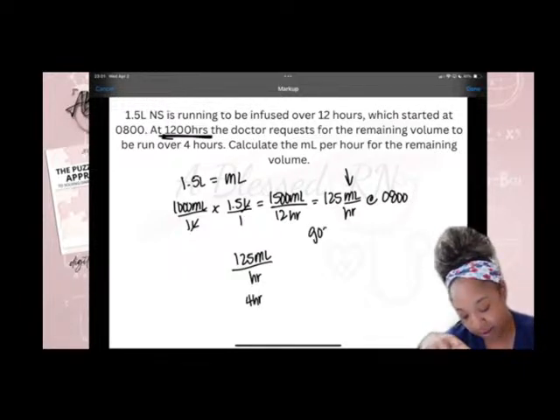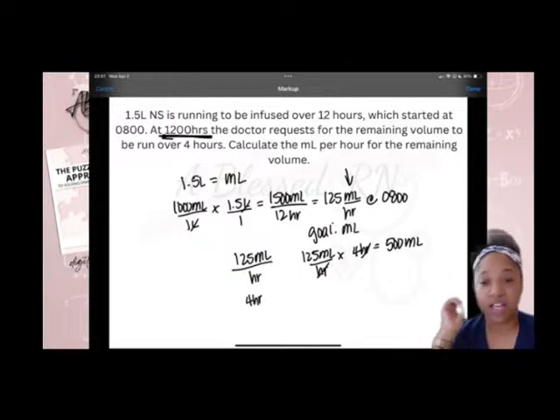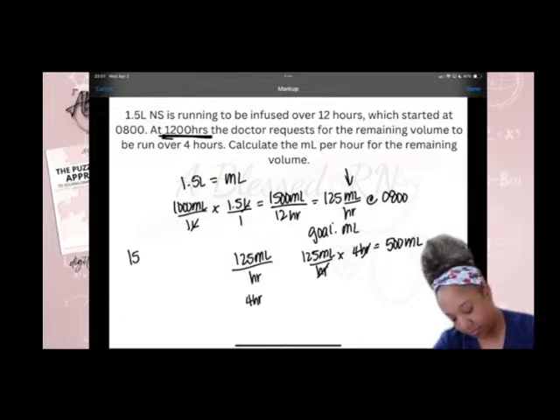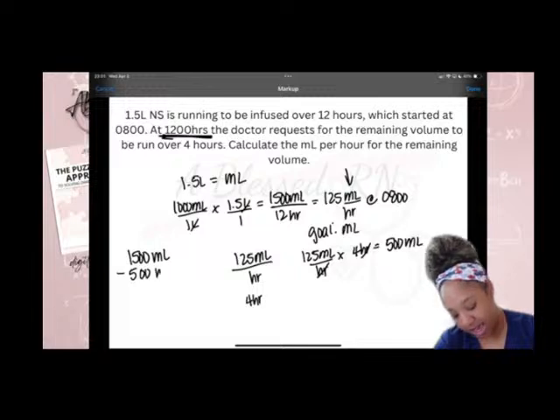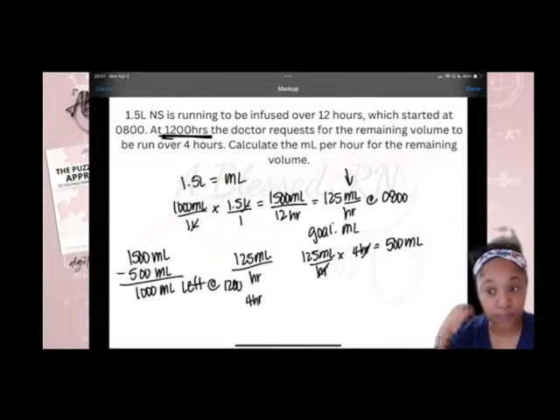We're looking for how many milliliters. That's our goal. So 125 mLs per hour times 4 hours gives me 500 milliliters. So if I started with 1,500 milliliters and 500 has gone in, I have 1,000 milliliters left at 12 o'clock. Make sense?